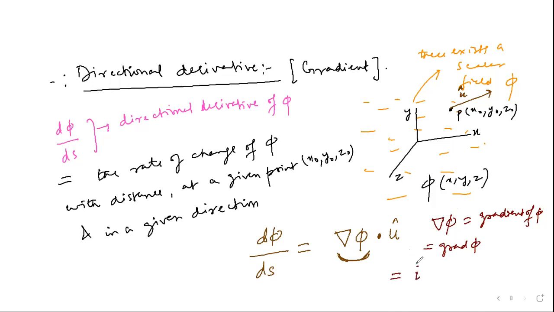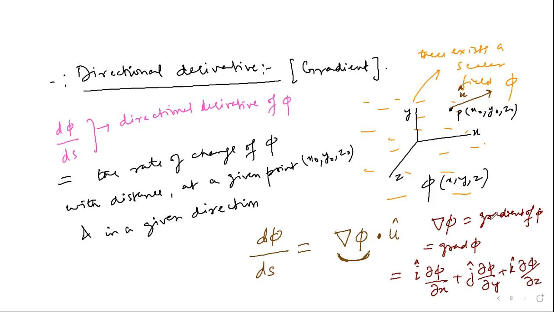It is written like this: i cap dou phi by dou x plus j cap dou phi by dou y plus k cap dou phi by dou z, right?